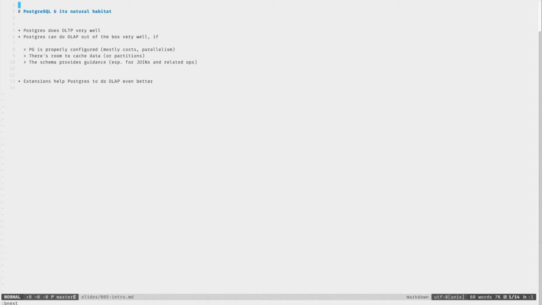This is nothing new, because we all know the schema also provides guidance for OLTP queries, but in that case it's much more a question of ensuring constraints and data consistency. So we are taking this and turning it slightly around.